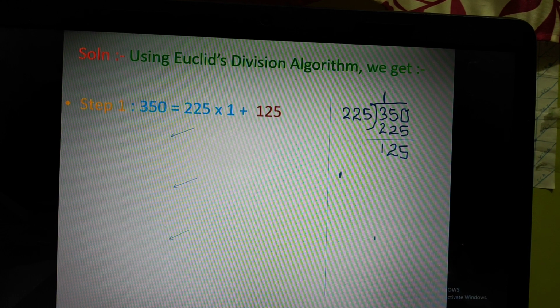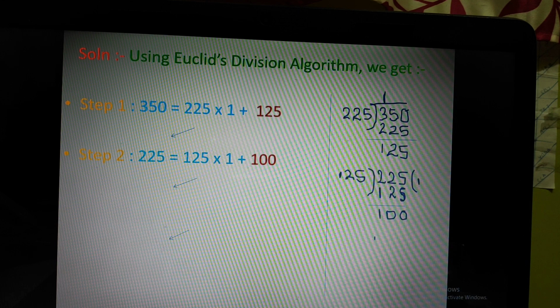In the next step, we go for the second division, where 125 is the divisor and the previous divisor, 225, becomes the new dividend. In the second step we multiply with 1 again, and the remainder is 100. So 225 is equal to 125 into 1 plus 100.